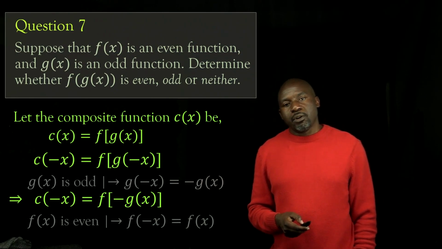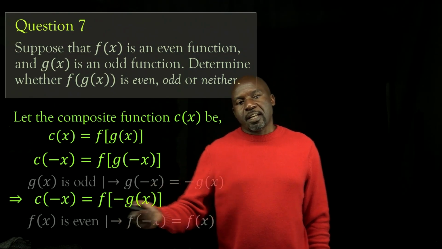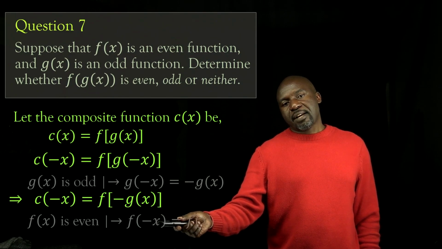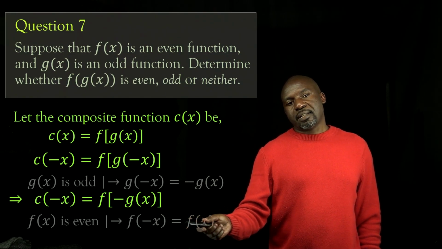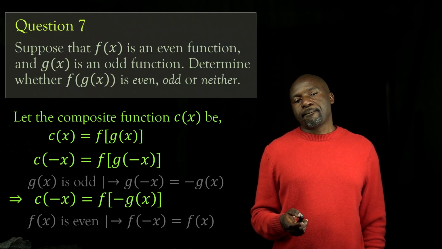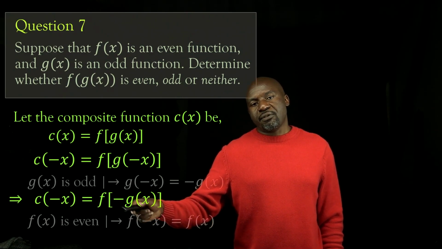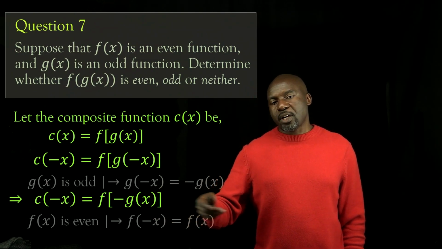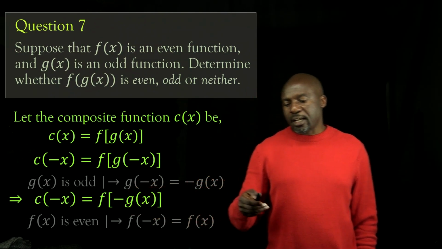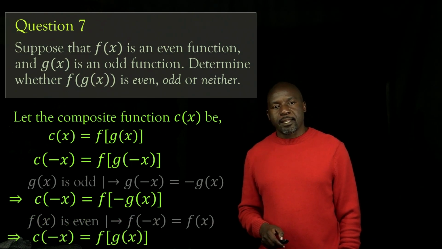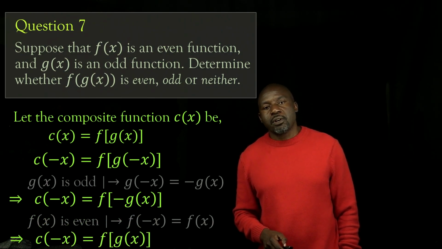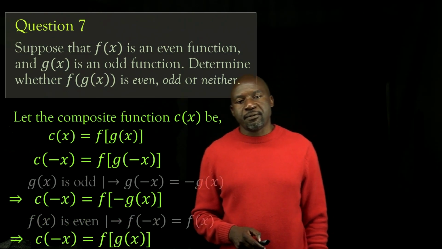Since f of x is even, we can replace negative g of x with g of x. So this becomes f of g of x, and this is because f of x is an even function.